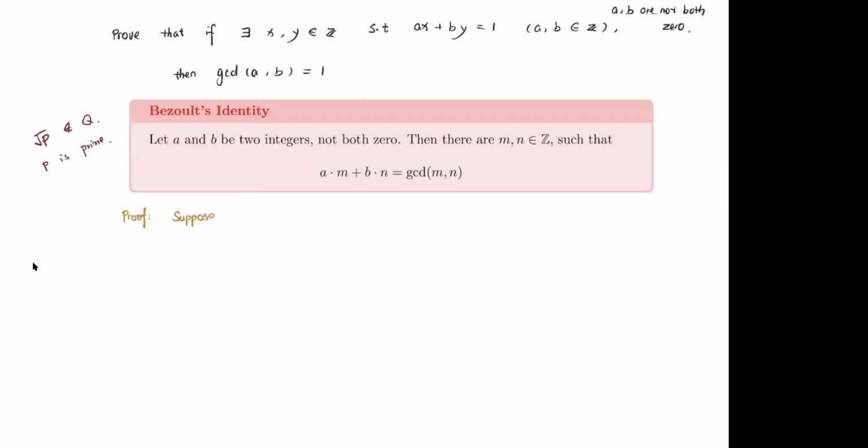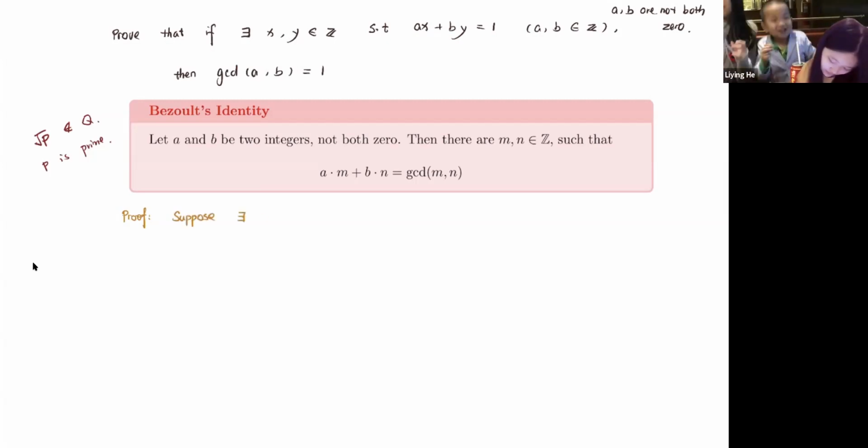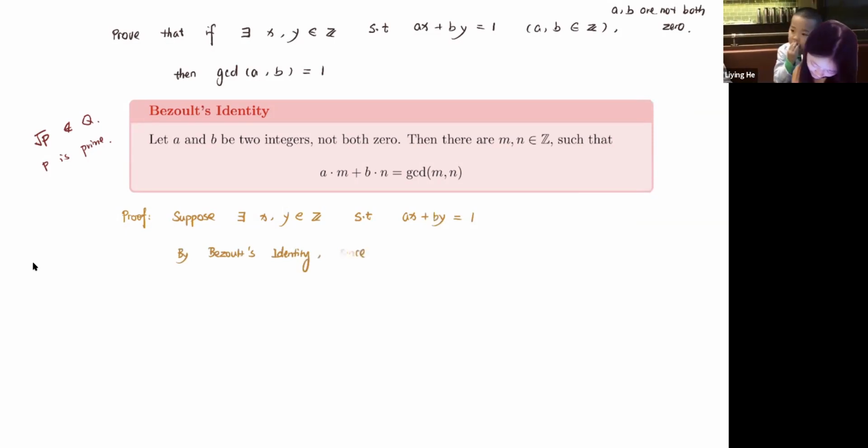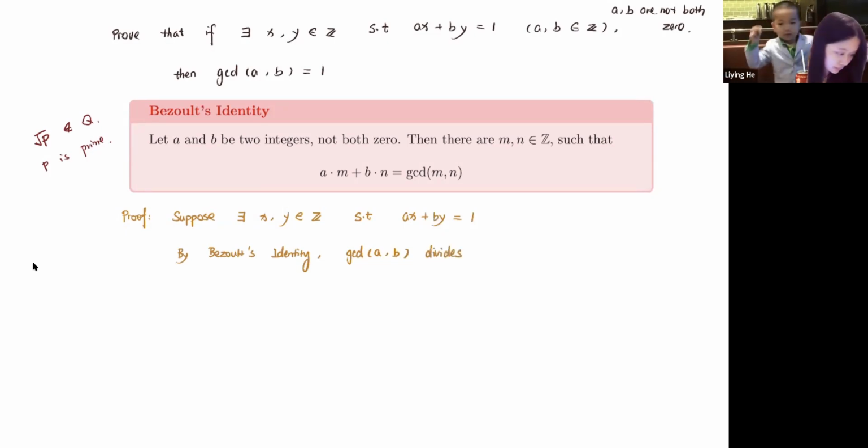Suppose there exist x, y in the integers such that ax plus by equals 1. Now I'm going to use Bezout's identity.